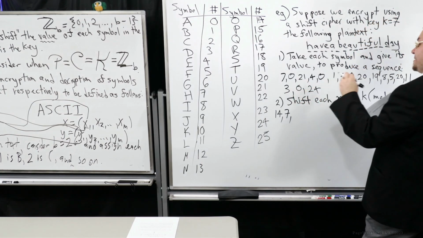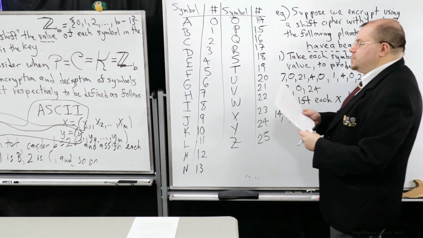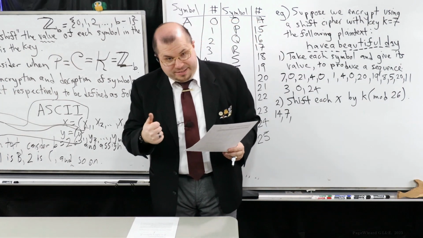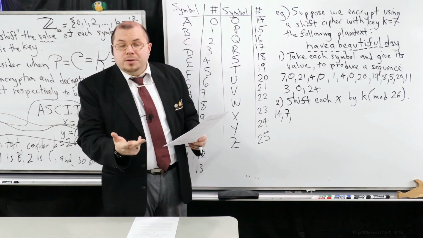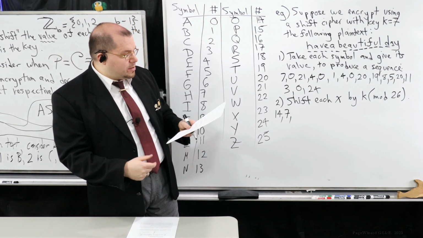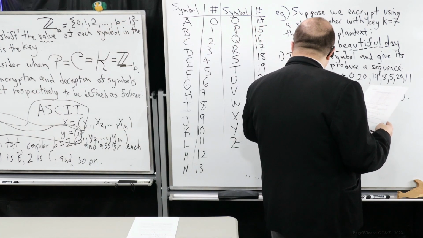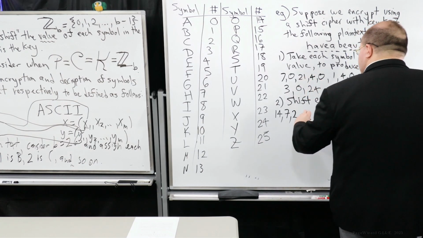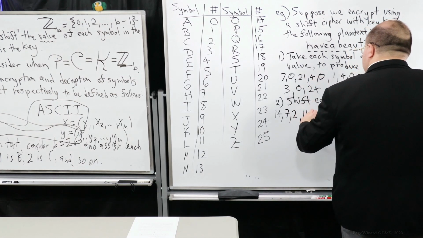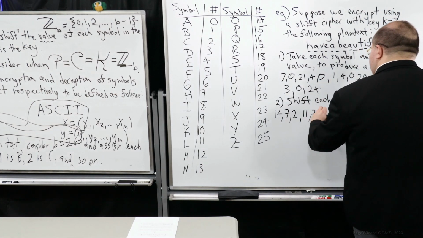21 plus 7 is what? Is 28, right? So 26 mod 26 is 0. 27 mod 26 is 1. 28 mod 26 is 2. Now next we got 4. 4 plus 7 is 11. 0 again, just 7. 1 plus 7, that's 8.